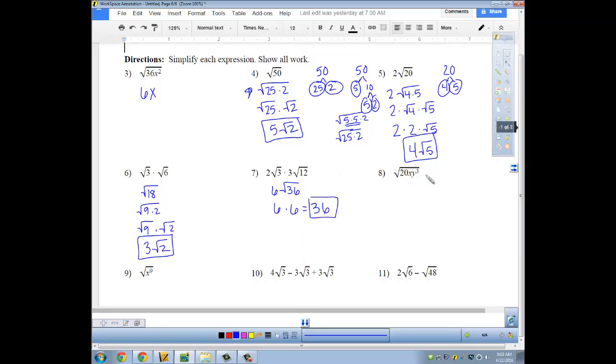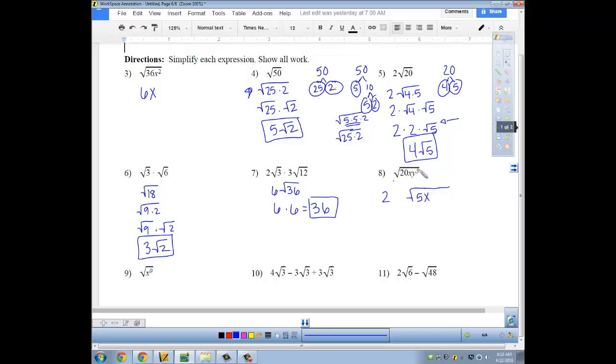Number 8, I'm going to first factor my 20, which I already did up here. I know that 20 factors into 2 square root 5. So I have 2, and then I have square root 5. I'm separating it a bit because I know I have some variables. So x, there's only one x, so that's going to stay under the square root symbol.